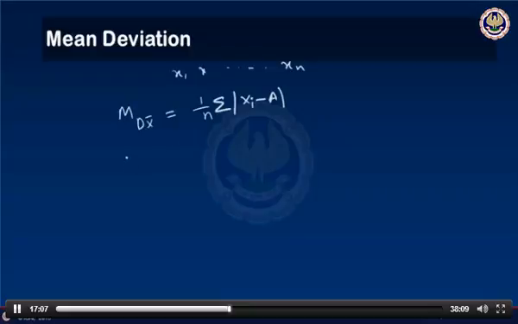For a grouped frequency distribution, mean deviation can be defined as 1/N times the summation of fi times the absolute value of xi minus A, where N equals the summation of fi.